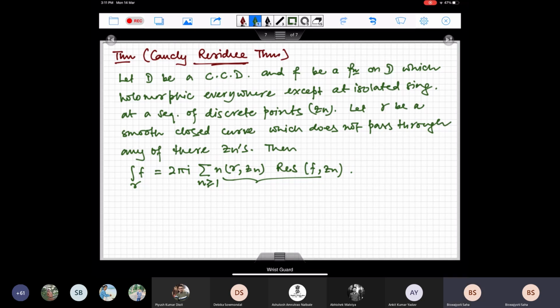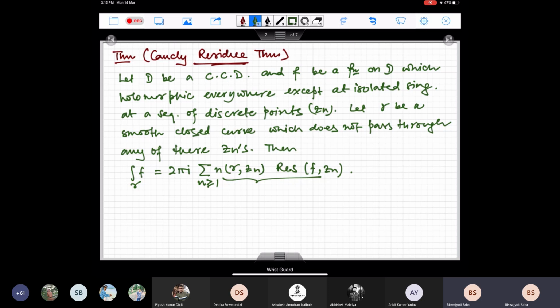Roughly what you should try to think is that, when I have these infinitely many points which are points of singularity, only finitely many of them will be in the bounded connected components. Okay, in the bounded connected components I can have only finitely many of these singular points.